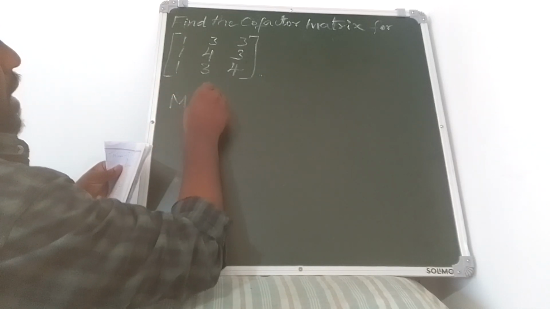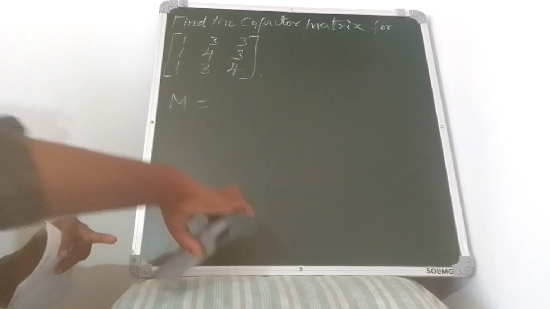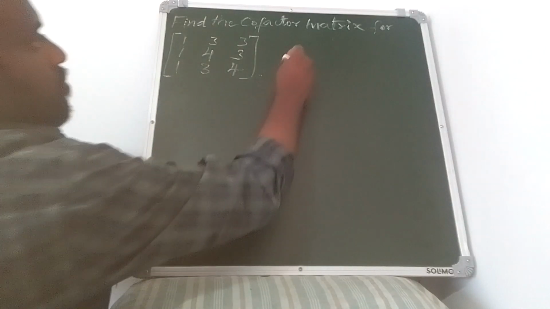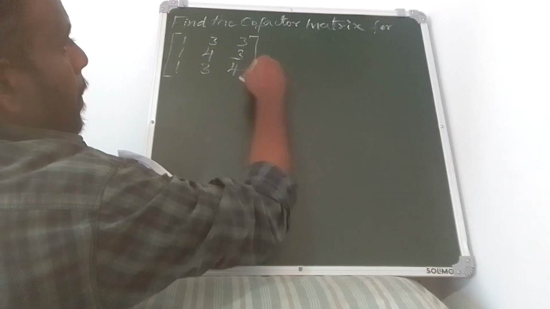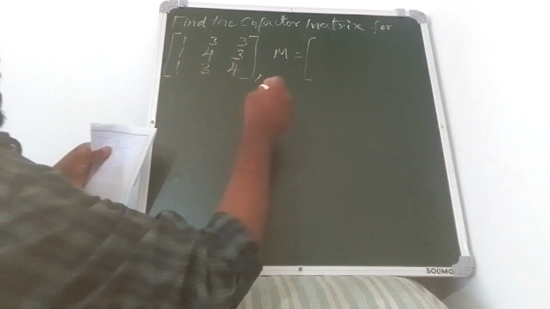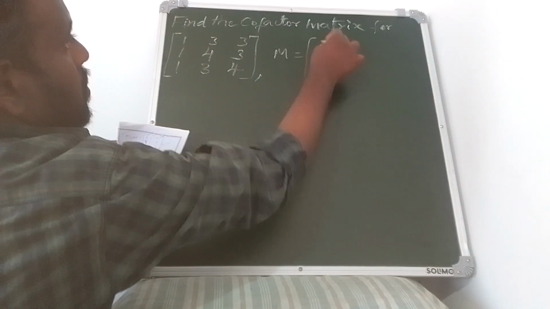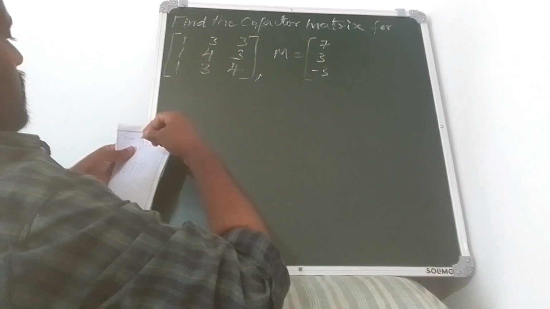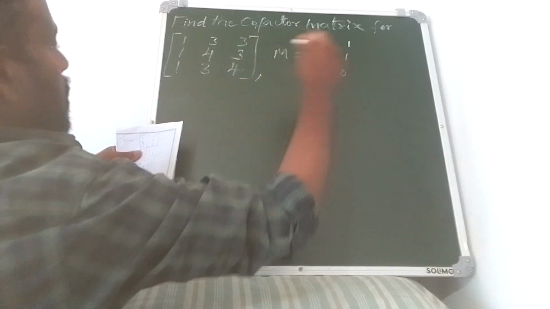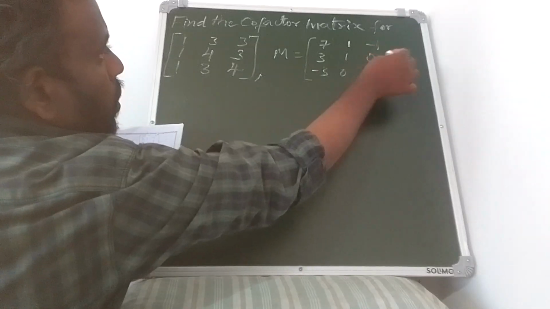I will take M as the minor matrix. I will write here 7 3 minus 3, 3 minus 3, 1 1 0, 1 1 0, minus 1, 0 1.